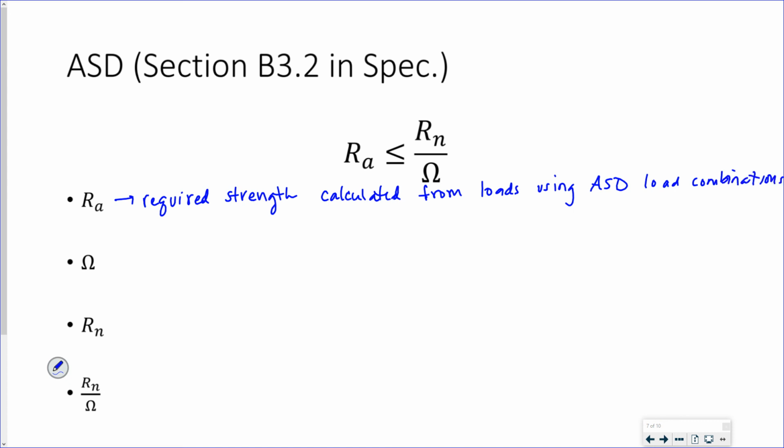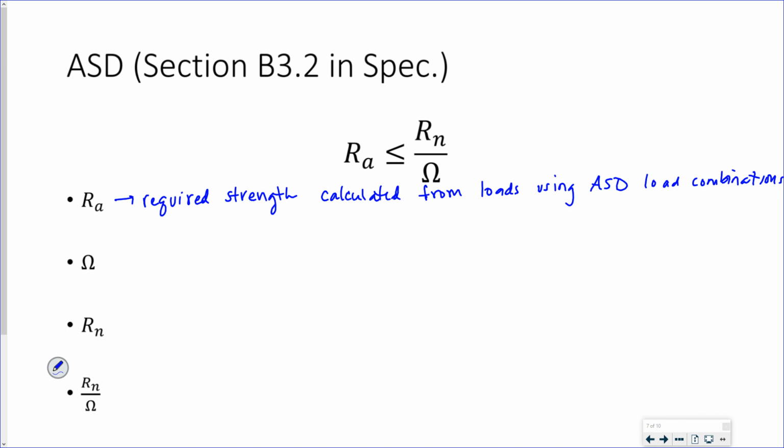You again say how much dead load, how much live load, and you put them together in different combinations, but they're ASD load combinations, not LRFD. I'll show you how those differ.